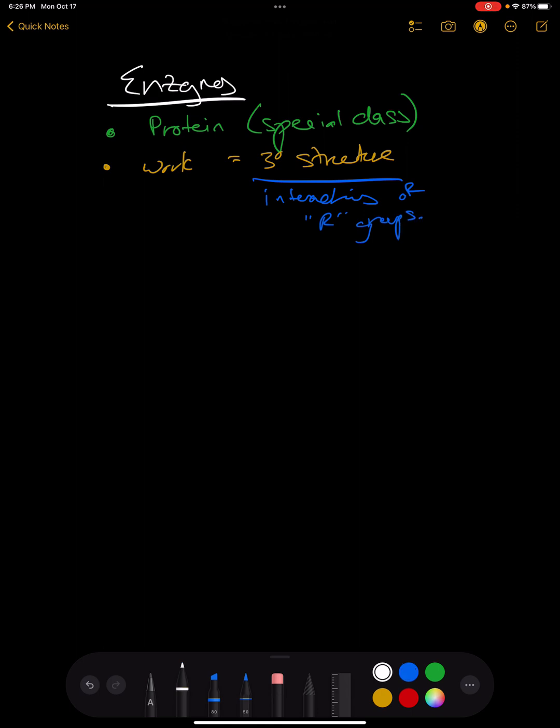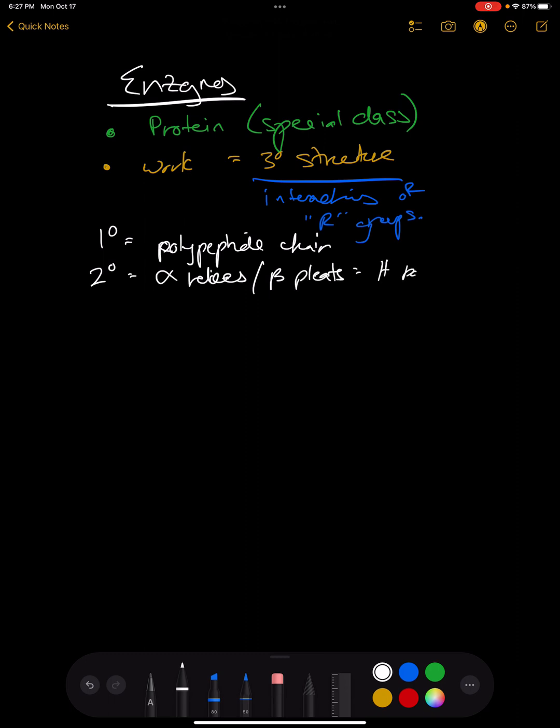Because remember, primary structure is just the polypeptide chain. And then secondary structure is when you get either the alpha helices or the beta pleats. And these are held together by hydrogen bonds.